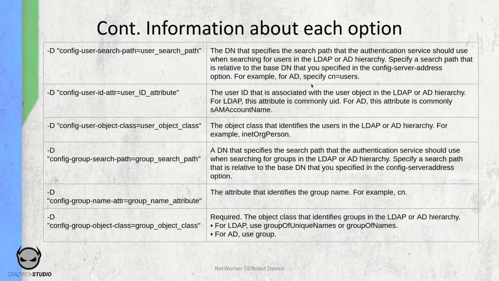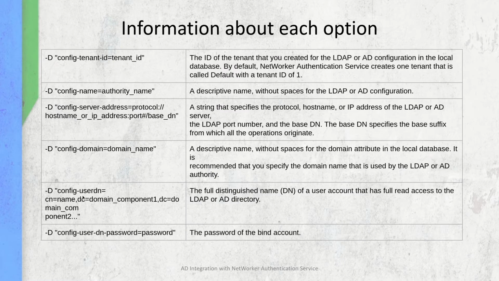Here, as an example, they have given the CN as users. So CN is equal to users. Let me show you how to get this information, and let's start from here. Let me give you the information on how to get the user DN from the Active Directory.